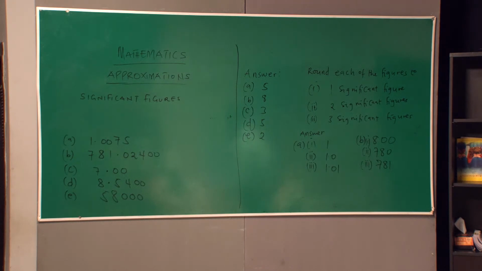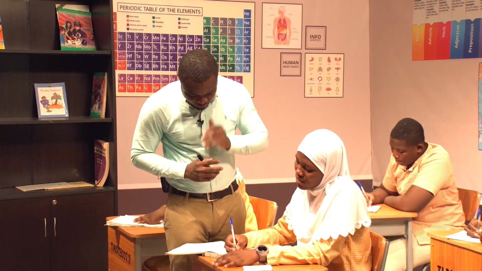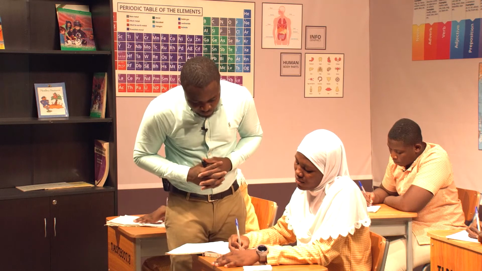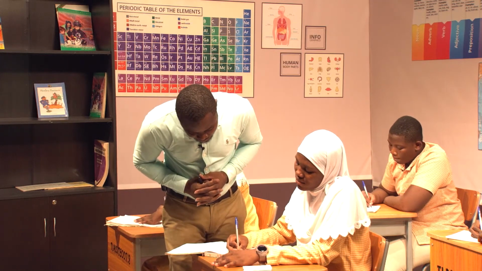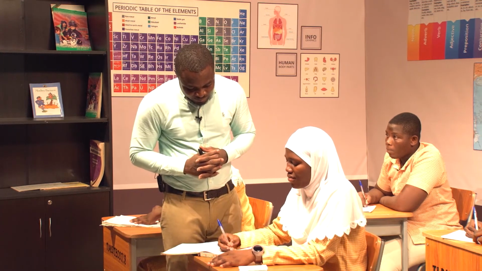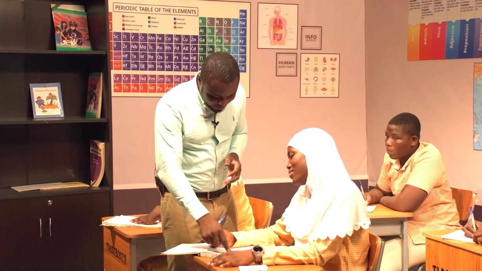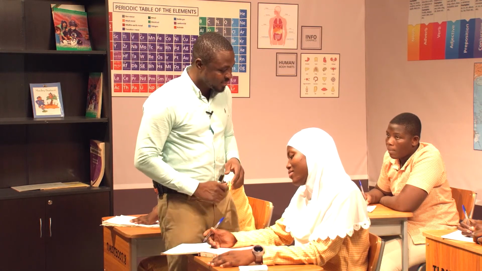Lasisi, if you have understood, you should be able to do this. 7.00, one significant figure. This is 1, this is 2, this is 3. I like your approach.